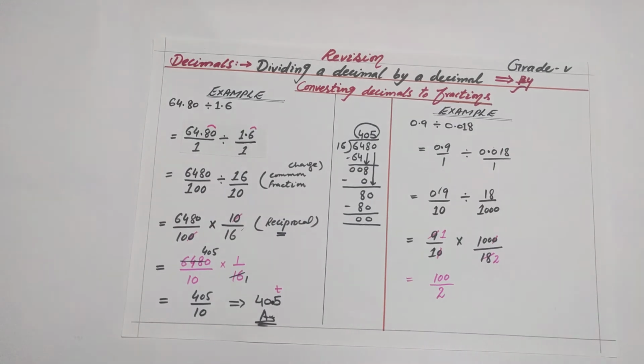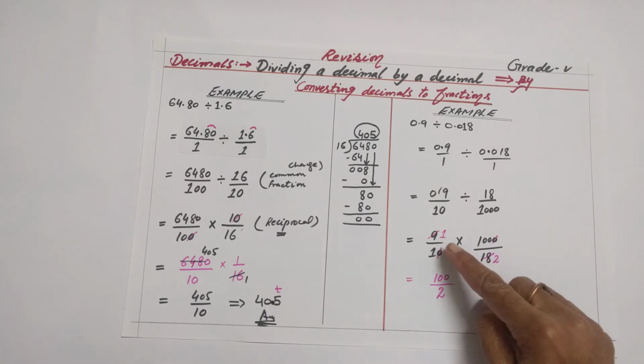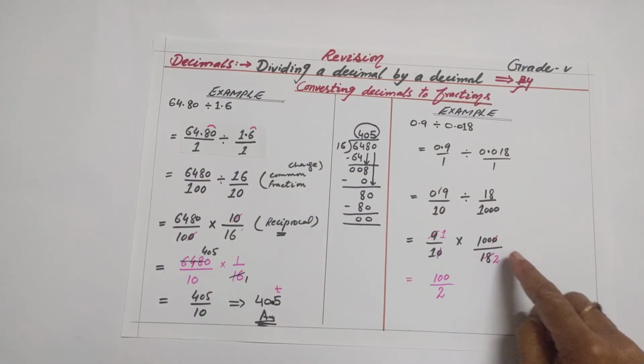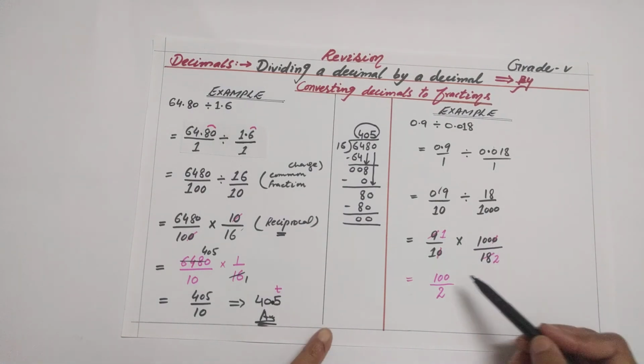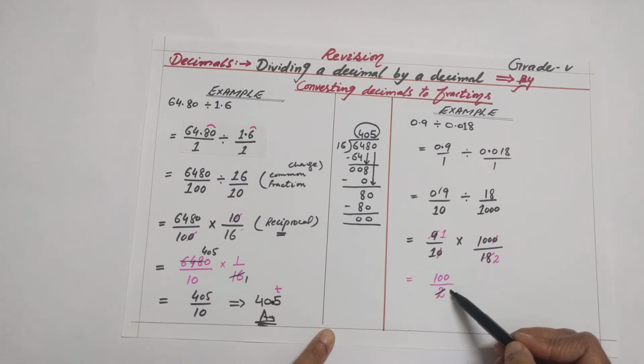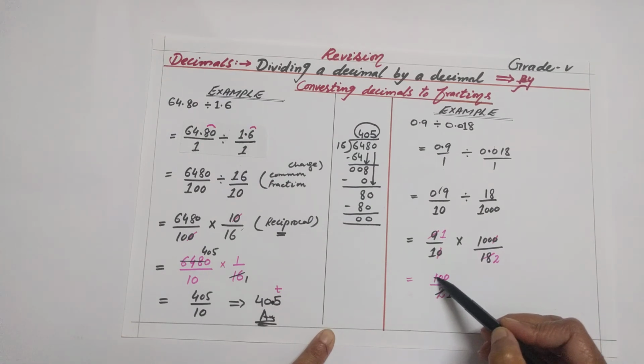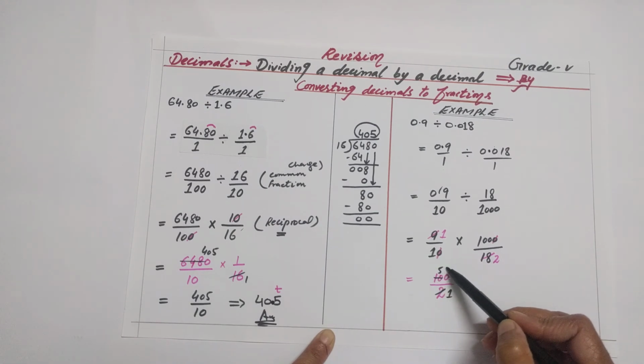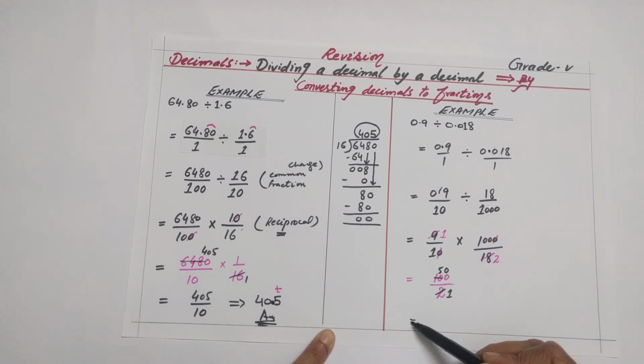So what is the common factor of 2 and 100? You can also cross out this 100 and 2 over here in the same place. So 2 ones are 2 and 2 fives are 10 and 2 zeros are 0. So the left number is 50, and that is our required answer.